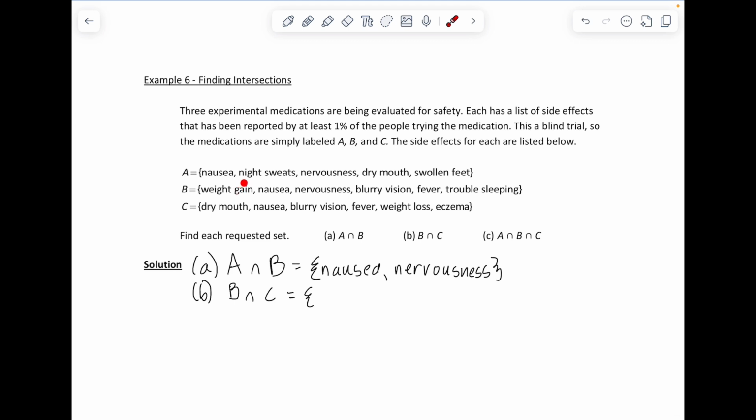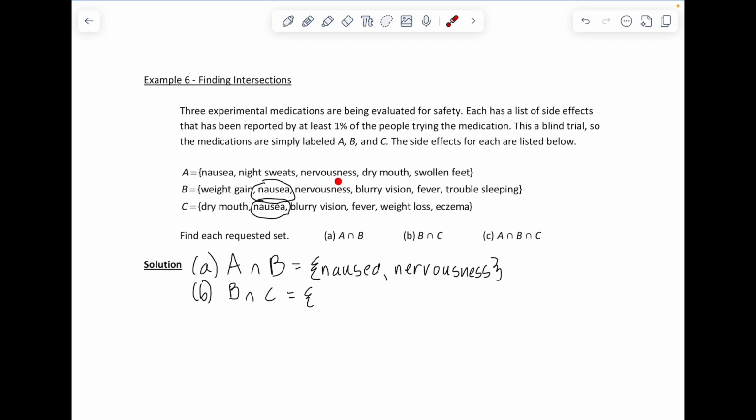Weight gain shows up in set B, and weight loss shows up in set C. Weight gain does not show up in both of them. So sorry for that confusion. Okay, let's move on to nausea. Nausea shows up in set B. Nausea also shows up in set C. So those ones are shared in common. Okay. Nausea. Okay.